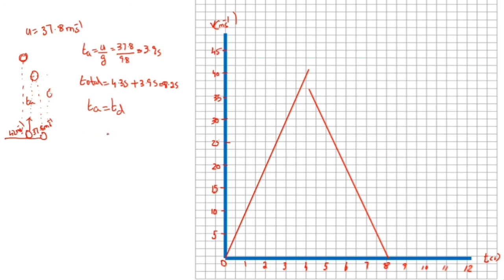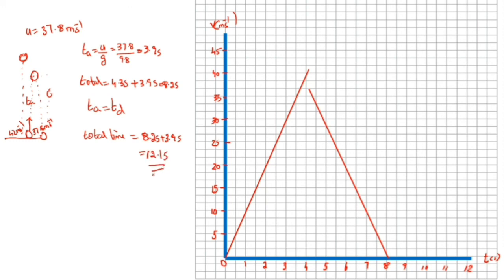So what is the total time taken here? Total time taken is equal to 8.2 seconds plus once again it is coming downward for 3.9 seconds. If you calculate this one, you will get 12.1 seconds.